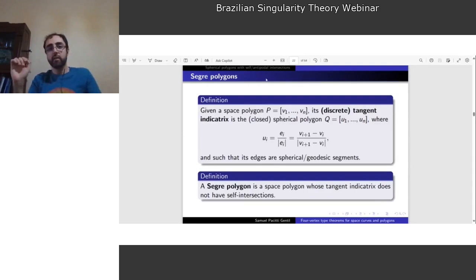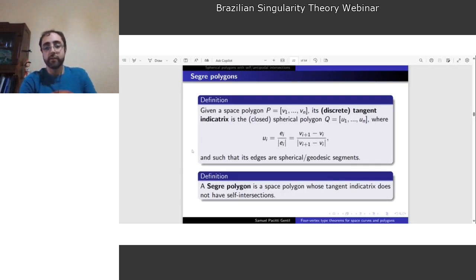Given a space polygon, its discrete tangent indicatrix is the closed spherical polygon with these vertices here, where each of these vertices is simply what would play the role of the unit tangent vector. We think of it simply as the oriented edge, and here we divide by the norm just to have a unit vector. So each of these points defines a point on the sphere, and then we connect each of these points with the following one, simply using the geodesic segment on the sphere.